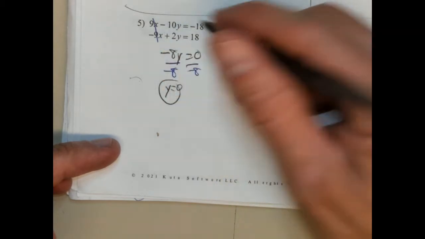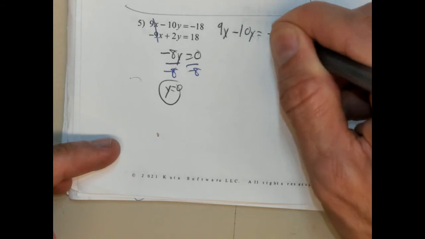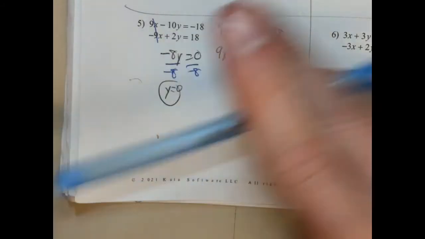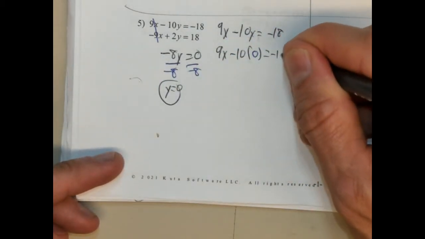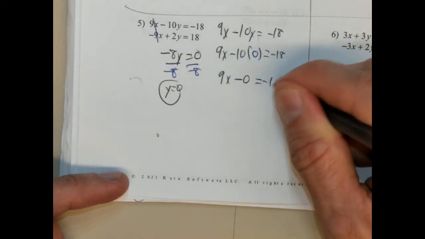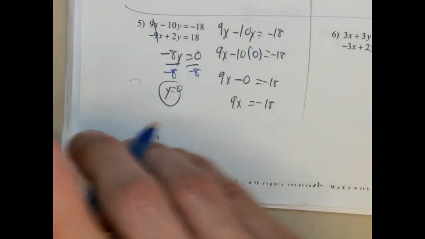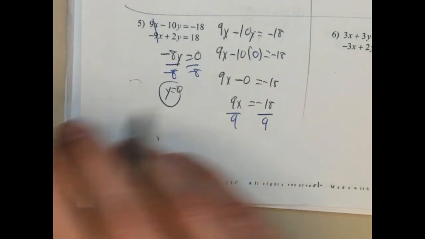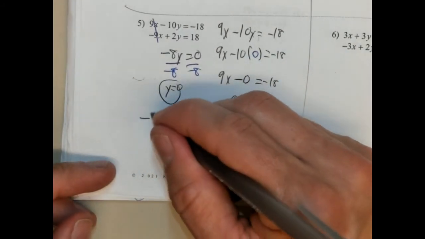All right, we're going to plug it into the top equation. 9x minus 10y equals negative 18. 9x minus 10 parentheses 0, close parentheses equals negative 18. 9x minus 0 equals negative 18. 9x equals negative 18. Now we divide by our coefficient, which is 9. So x will be equal to negative 2. So negative 2 comma 0.